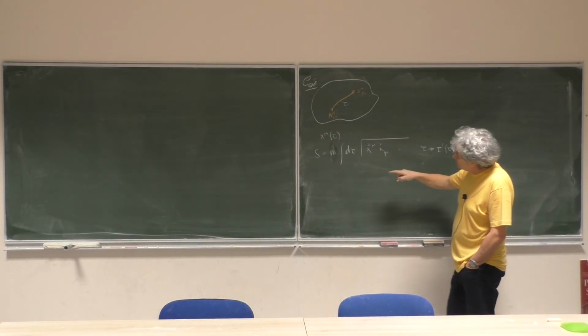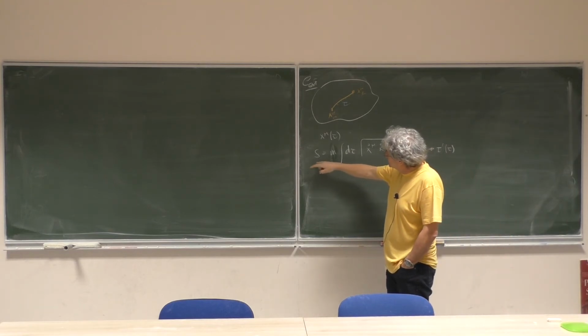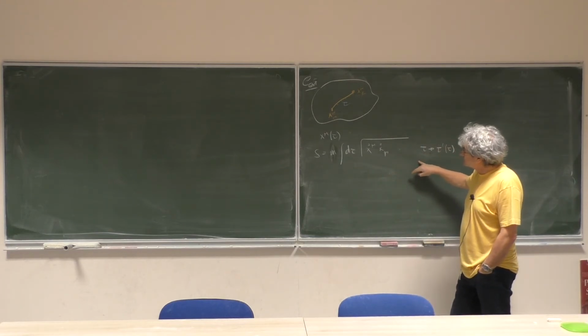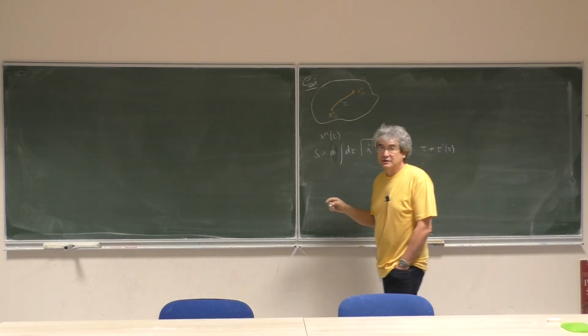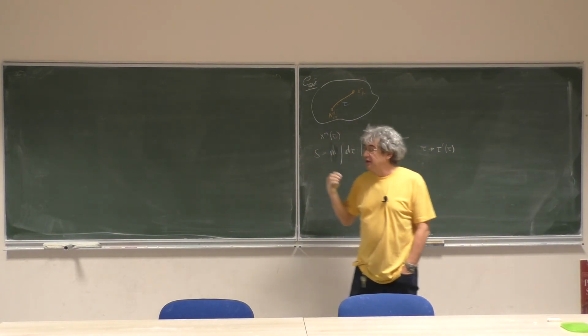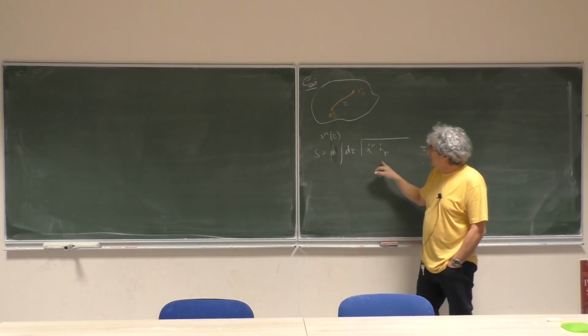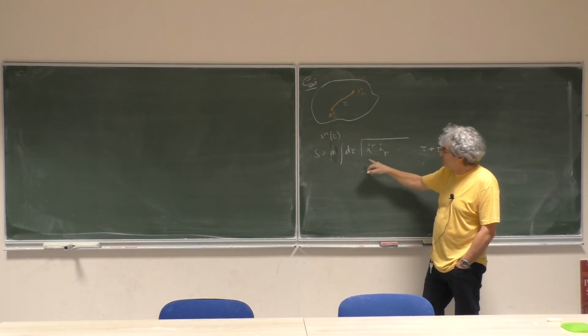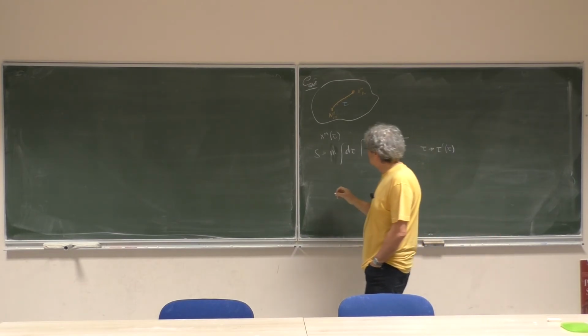Now, if I start from this action and I do the Hamiltonian treatment of the theory, doing a Legendre transform on this action here, what I discover is that the Hamiltonian is 0. This is an immediate calculation.